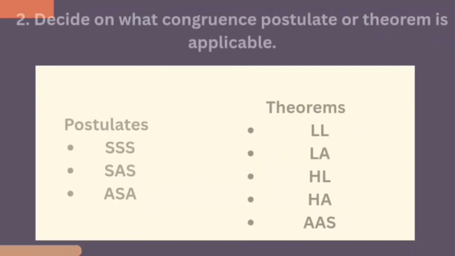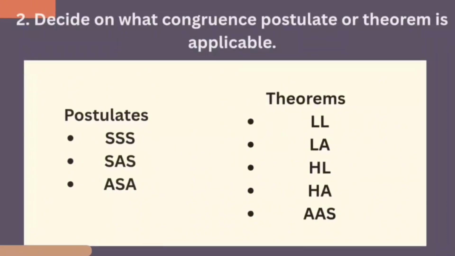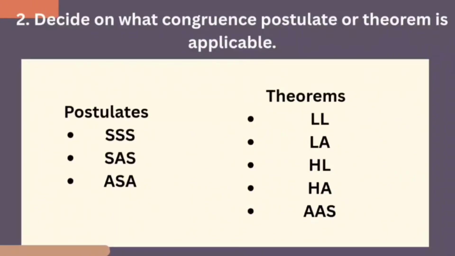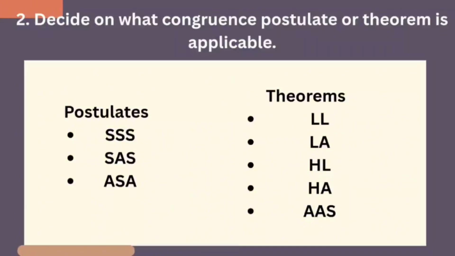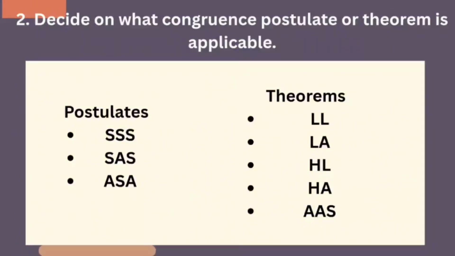Second one, decide on what congruence postulate or theorem is applicable. Once we know the corresponding parts, the next step is to decide which congruence postulate or theorem applies to the given information. These are the established rules that tell us when 2 triangles are congruent based on the relationship between their sides and angles.